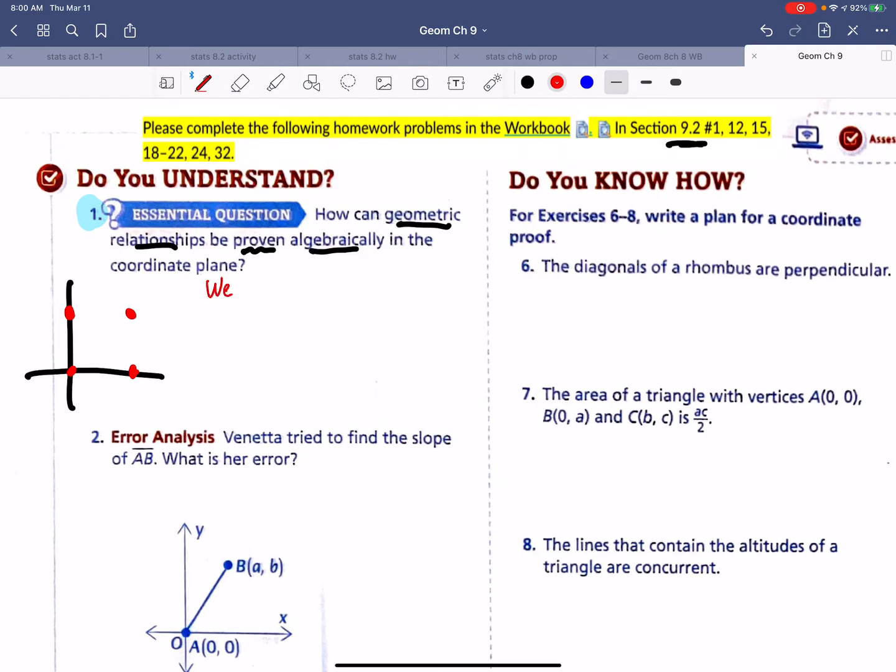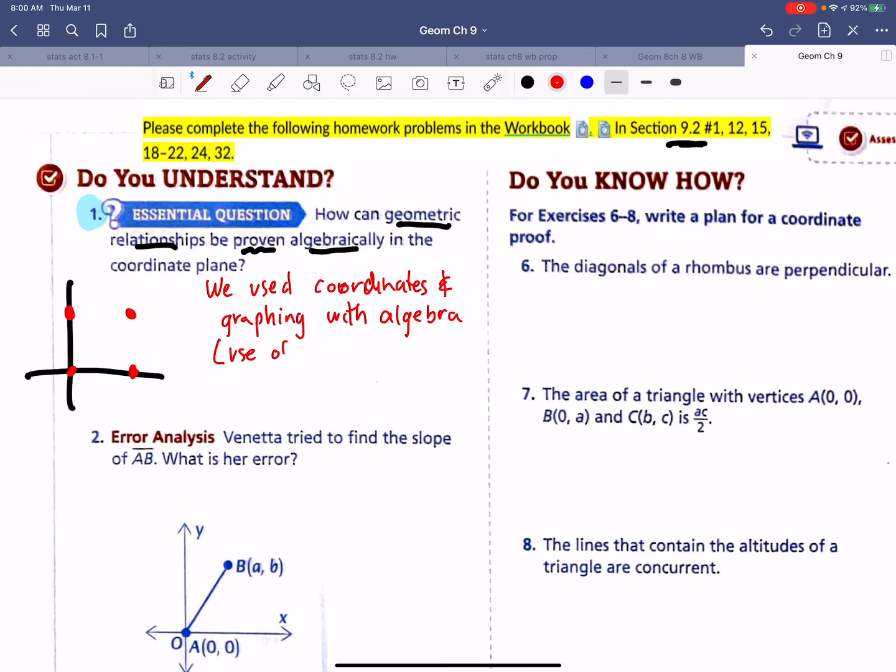Okay, we used coordinates and graphing with algebra. And I'm going to put in parentheses, what do I mean by algebra?